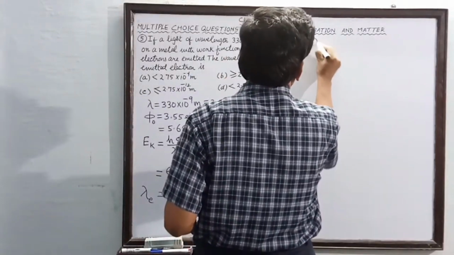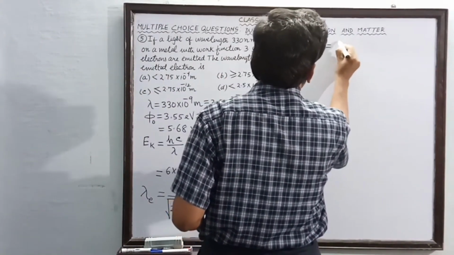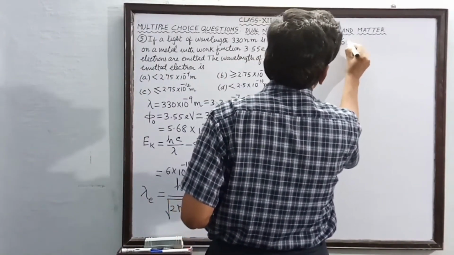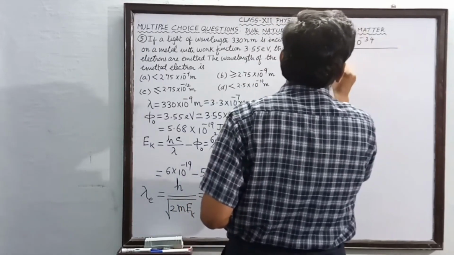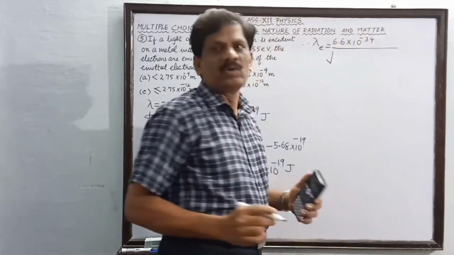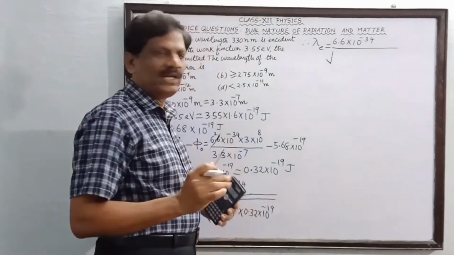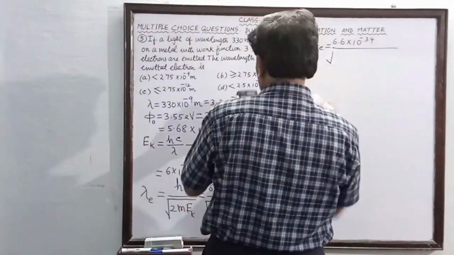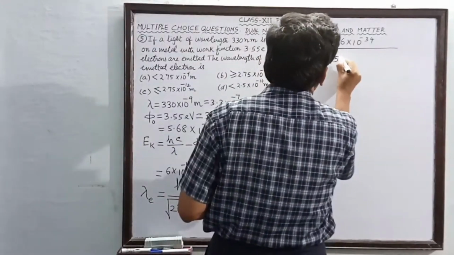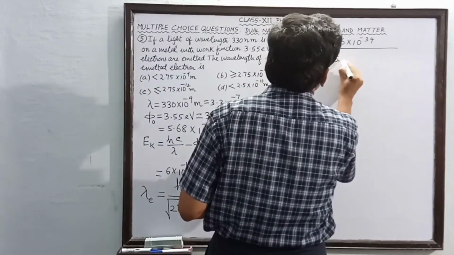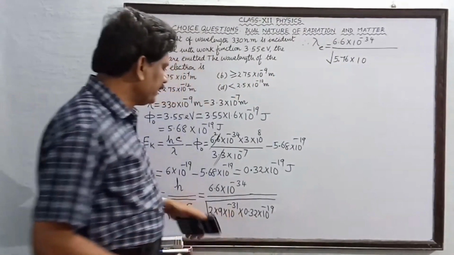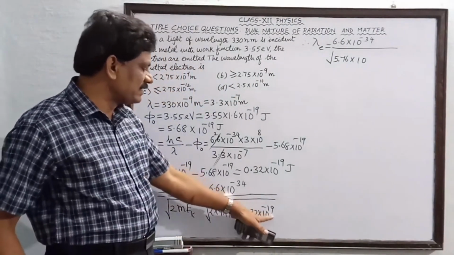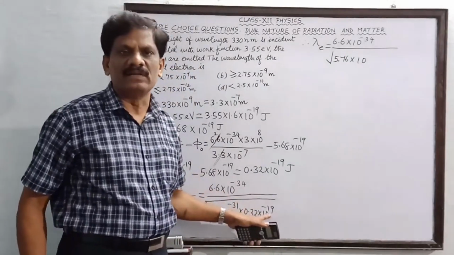So therefore lambda e is now equal to 6.6 into 10 to the power of minus 34 divided by square root of 5.76 into 10 to the power of... now see here, minus 31 and minus 19, if you add, how much will come?